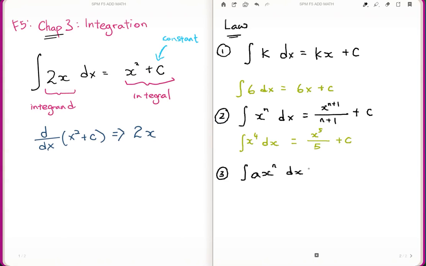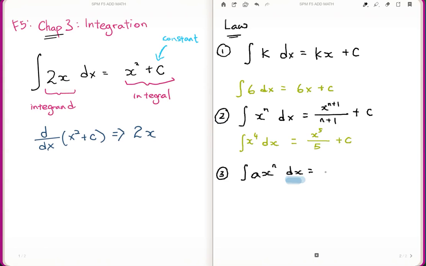Now for this, the integration is x, meaning I want to integrate only x. Those that are not related to x, you bring it out. You might confuse the third one with the first one, but actually they are the same. If it's a constant, you bring out the constant.